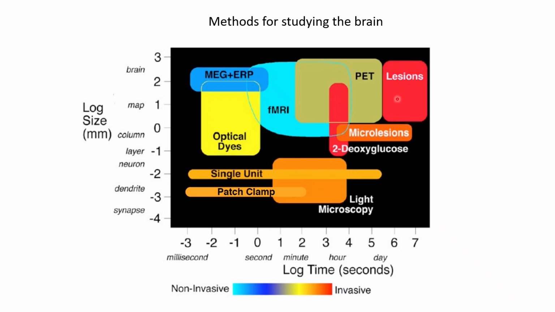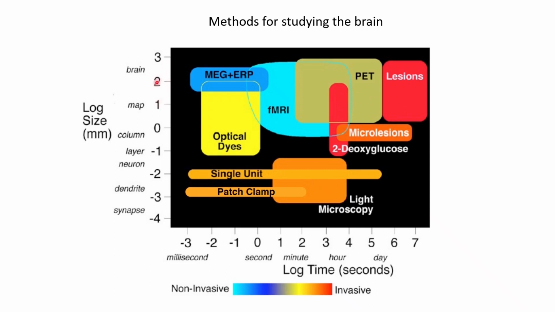So these lesions can be observed on the scales of months or years. I mean, they happen very slowly. And if someone has a lesion, then it can be observed, and then also the size of the lesion would be on the order of tens of centimeters or tens of millimeters. So it will cover a large part of the brain.